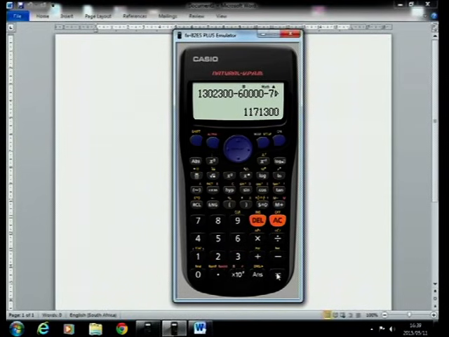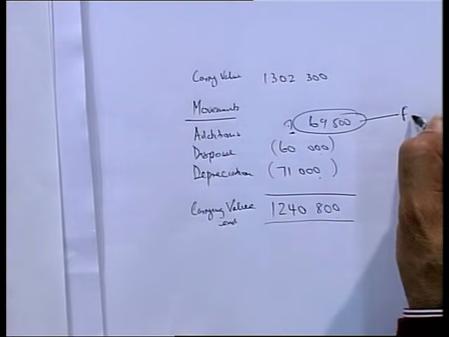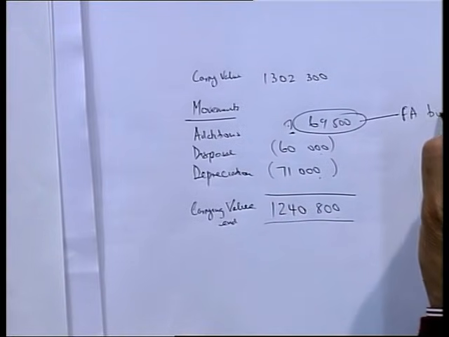Equals 117,1300, and then we minus the answer that they give us, 1,240,800, and the answer will be 69,500. So that will be the fixed assets that was bought.